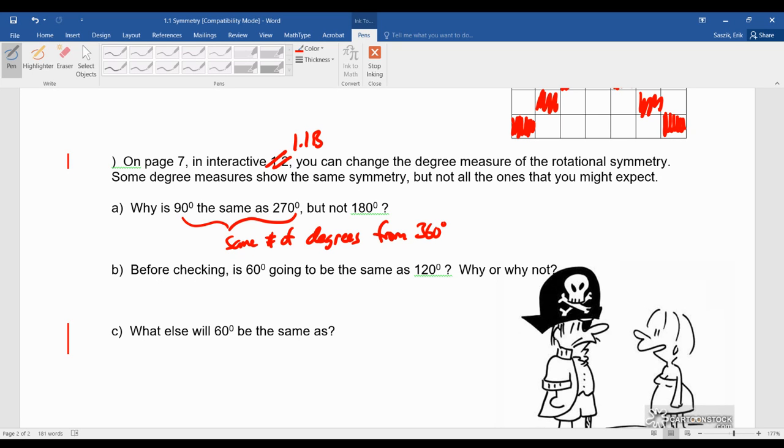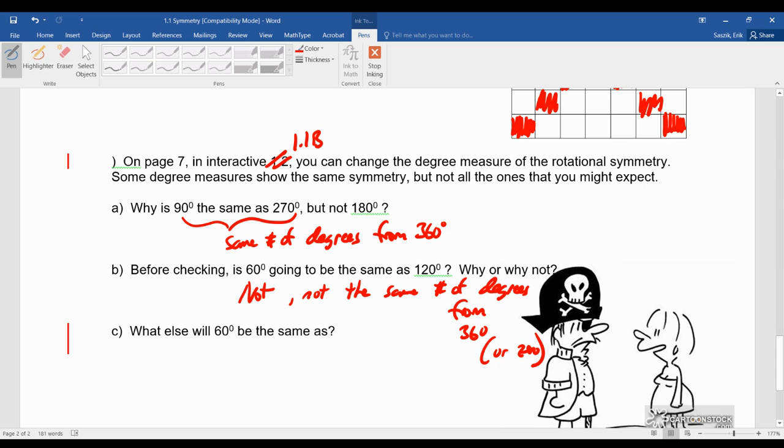Before checking, is 60 going to be the same as 120? Why or why not? It's not, because it's not the same number of degrees from 360 or 0.